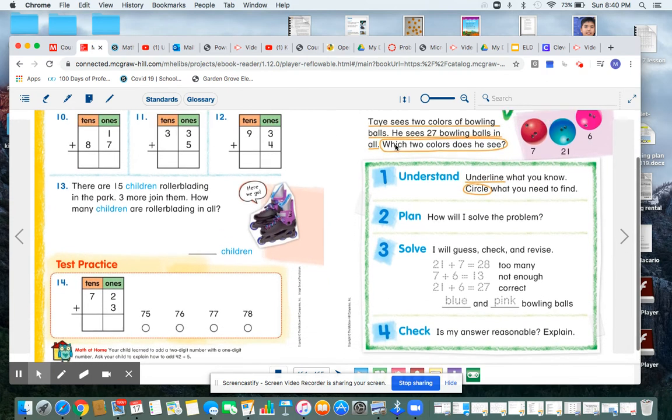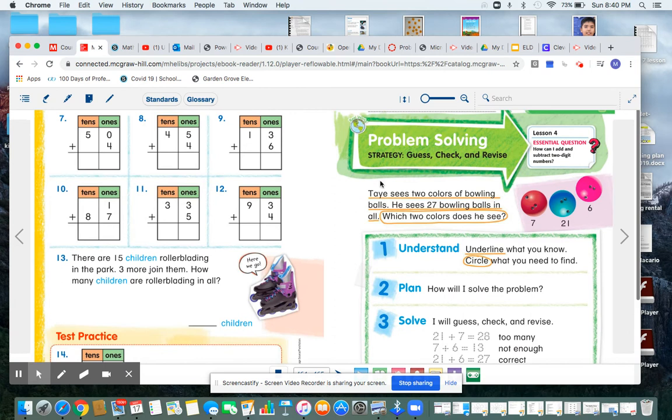So here, I'm going to read it to you. Taye sees 2 colors of bowling balls. So 2, it has to be only 2. He sees 27. So I'm going to underline 27 because for me that's important.